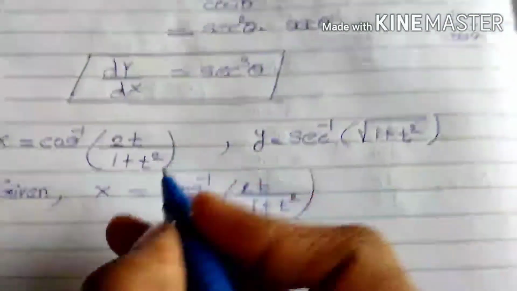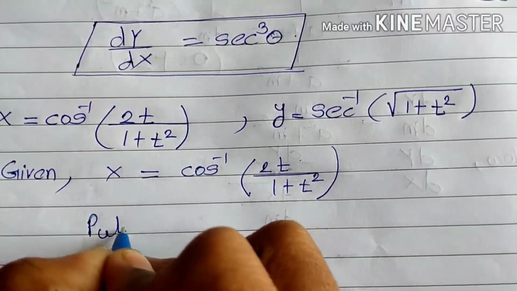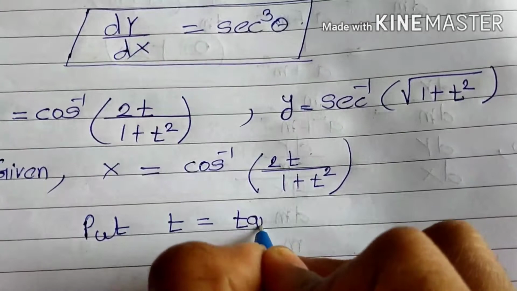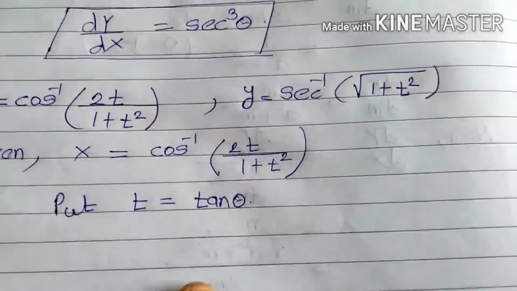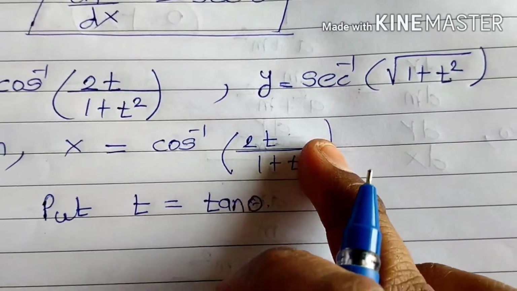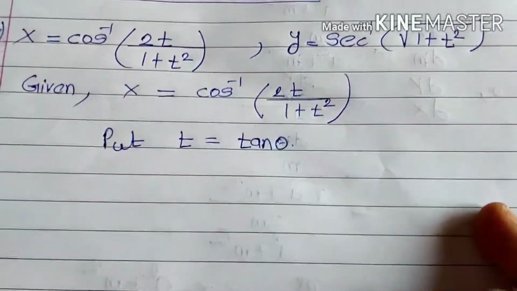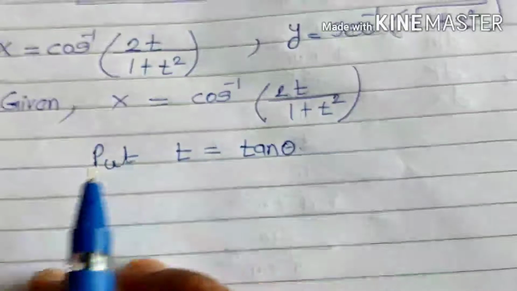Now put t is equal to tan theta, because if you put tan theta then it will become some formulas, so you can solve it very easily.